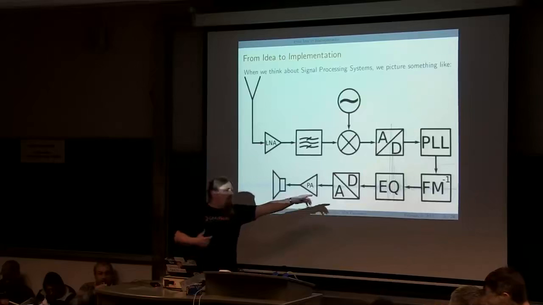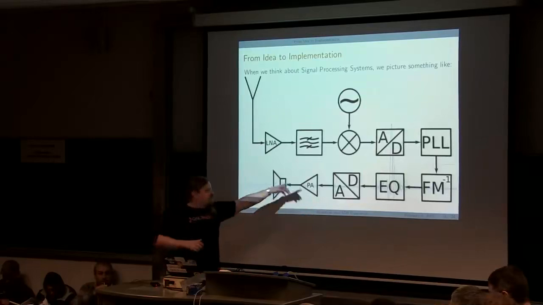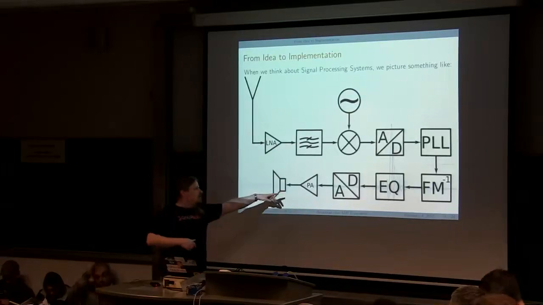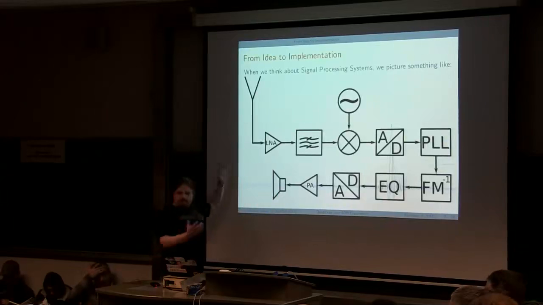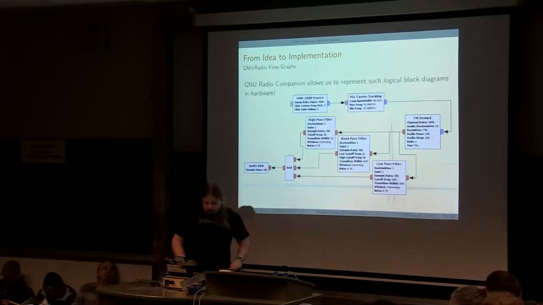Then there's the FM demodulator, an equalizer, so it doesn't sound so bad. And then there's the digital to analog converter that goes into my loudspeaker amplifier, and then there's the loudspeaker. And so this is my whole system, and this is how I want to understand it, and how I want to represent it in the end in my software that I'm going to write, because, you know, software defined radio.